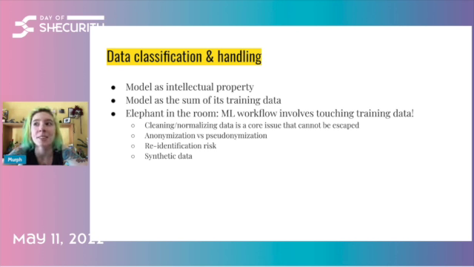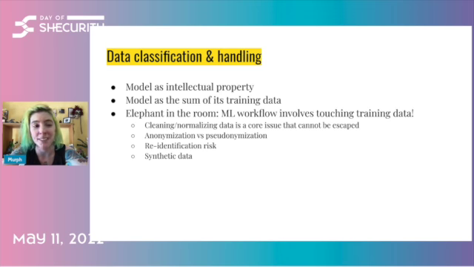But in this particular case, as we've discussed, just making it available through an API can still leak some of these things. So as you're doing your threat modeling, consider that in your classification of the model. Consider also, as we've talked about, that a model can be tricked into leaking information about its training set. So in a sense, its classification can also be the sum of all of its training data.